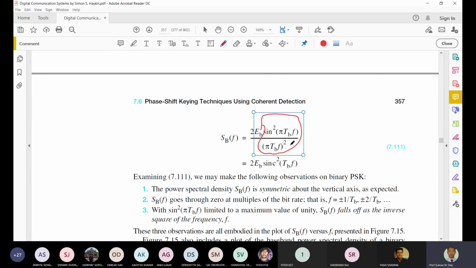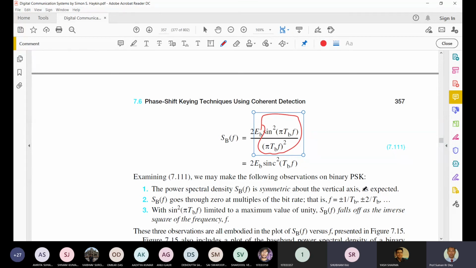That means both sides the power spectrum will be the same. The power spectrum will cross zero when f equals plus minus 1 by Tb, plus minus 2 by Tb, like this.